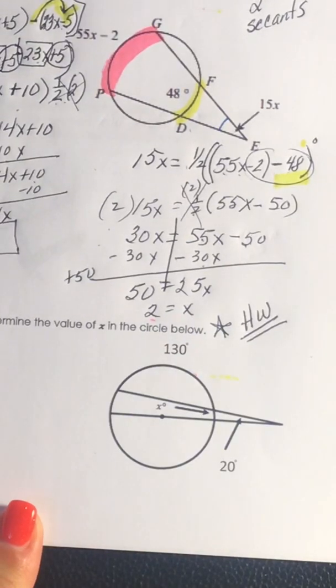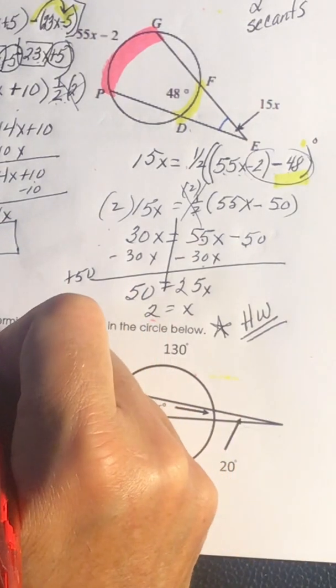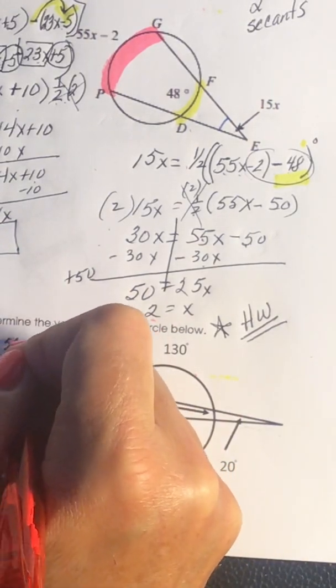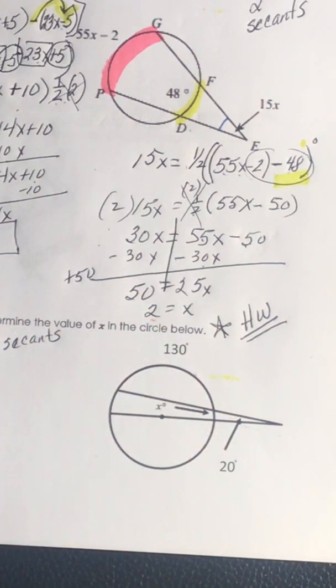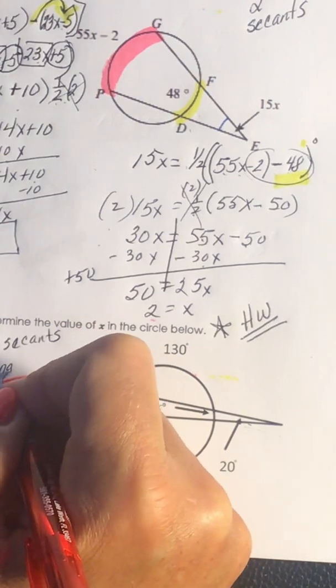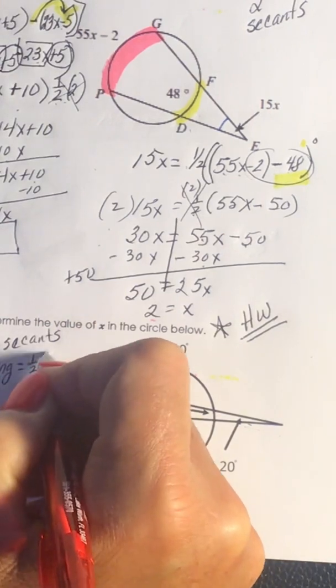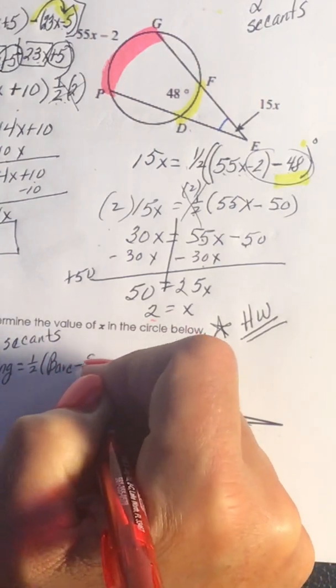Okay? And this requires you to think a little bit harder. This is going through the circle, so this is 2 secants. The formula is the same. The angle equals 1/2 the big arc minus the small arc.